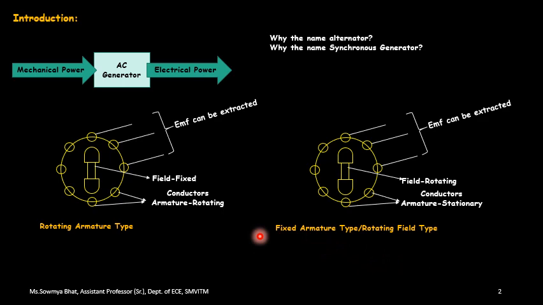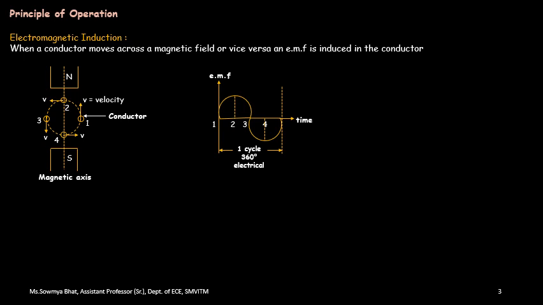After this understanding of the different types of alternators, let me briefly explain the working principle or operation of an alternator or synchronous generator. Like every other machine, the DC machine also, which you have studied, it works on the principle of electromagnetic induction.